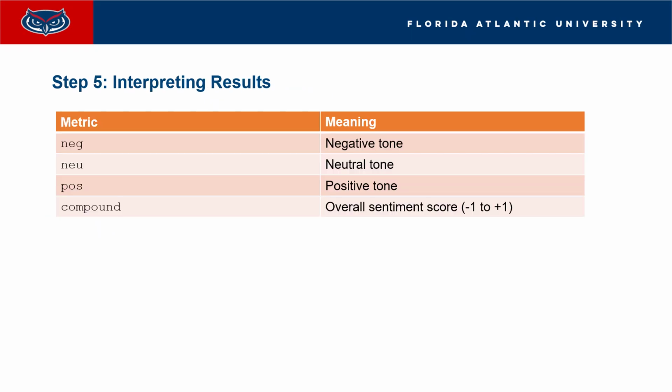As we can see from the output, neg means negative tone, neu means neutral tone, pos means positive tone, and the compound varies from -1 to +1. The compound value is especially useful: positive for happy text, negative for sad or angry tone.